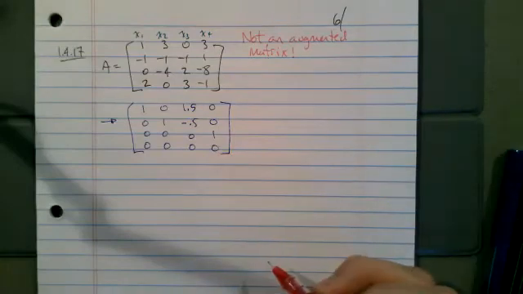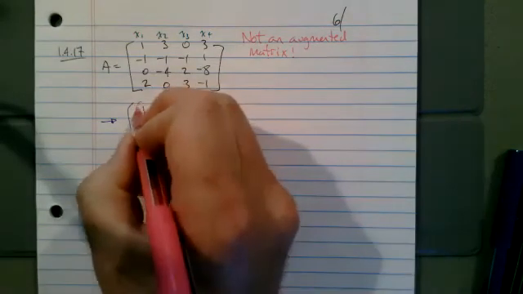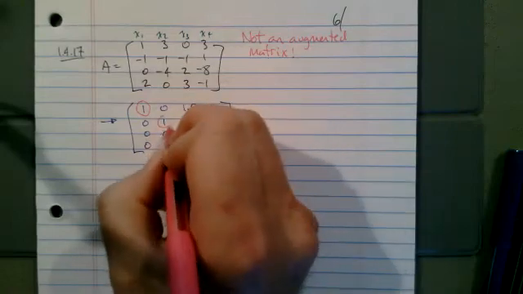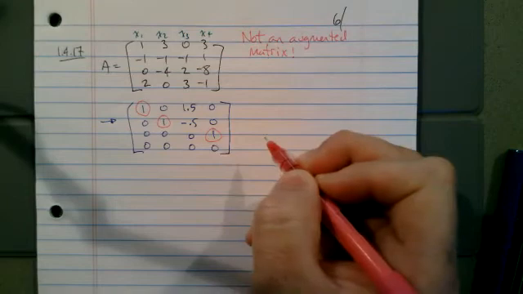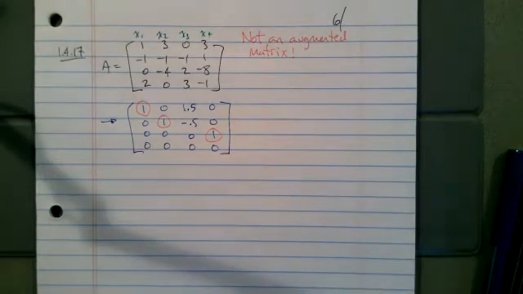So we see we have 3 pivots in A: first row, first column, second row, second column, third row, fourth column. So A has 3 pivot positions.